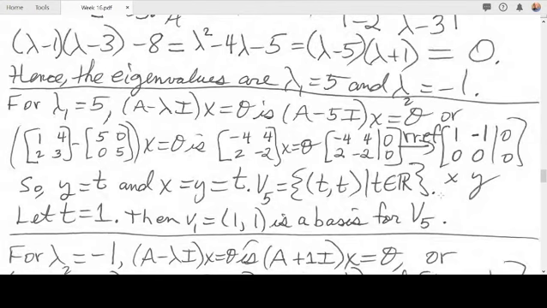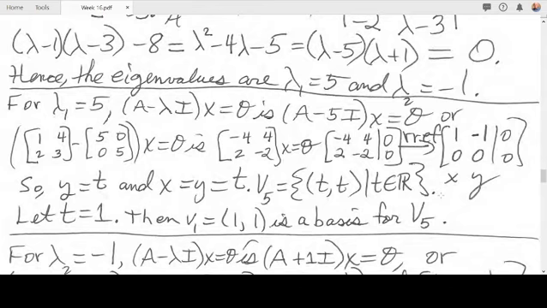Lambda 1 equals 5. So look at A minus lambda identity x equals 0 by substituting 5 for lambda. So let's subtract 5 off the main diagonal of A. When we do that, we have the matrix you see, negative 4, 4, 2, negative 2. Row reduce it to reduced row echelon form, and you notice that the second column, negative 1, 0, is non-elementary.